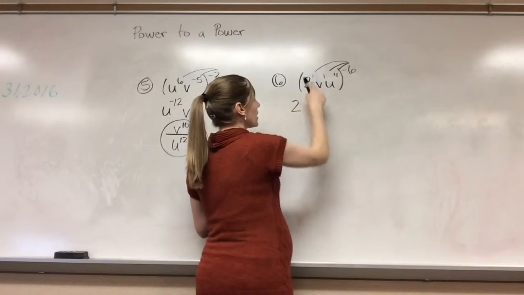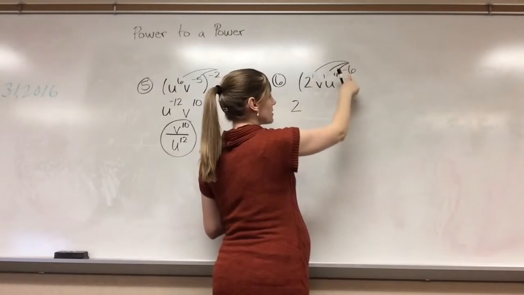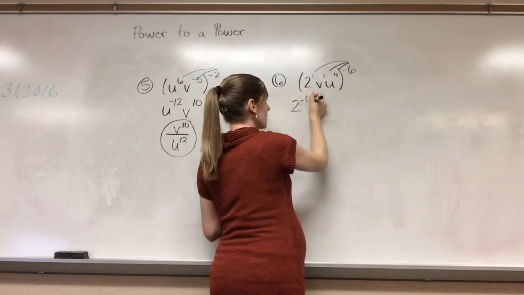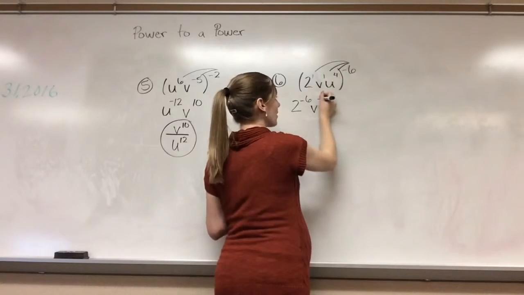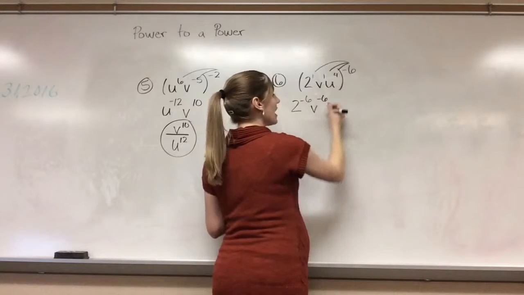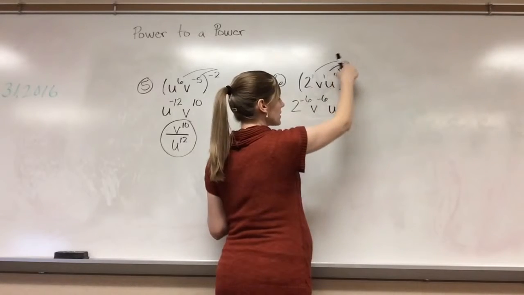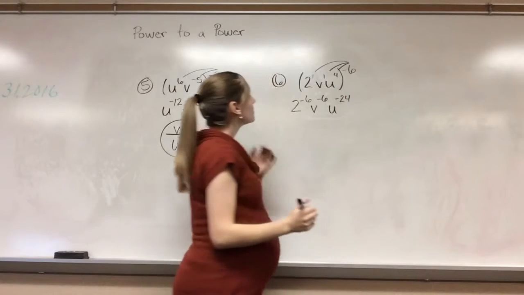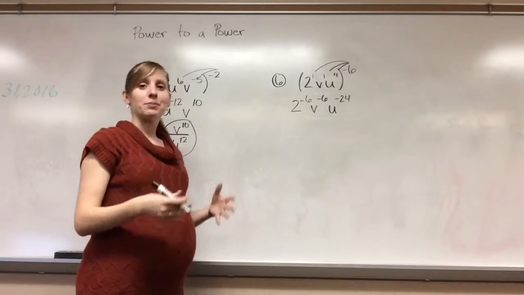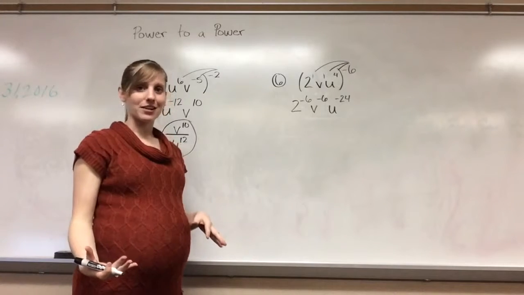So 2 is going to have an exponent of 1 times negative 6, which is negative 6. For v, we'll do 1 times negative 6, which is also negative 6. And then for u, 4 times negative 6 is negative 24. At this point, we write our answer as a fraction, okay?